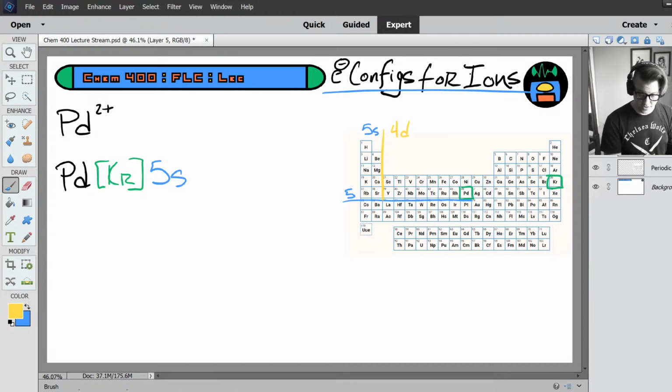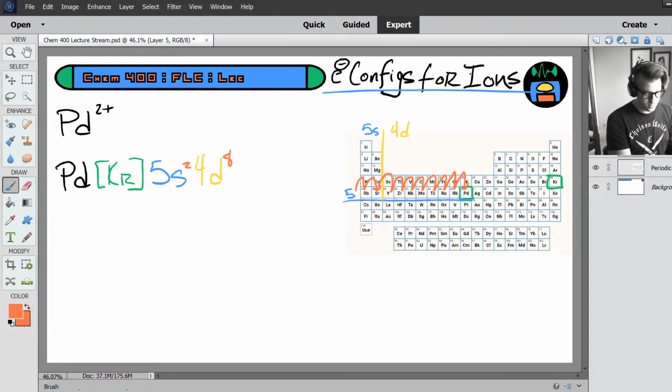So it goes from 5s to 4d. This will be 5s2, 4d, and let's see. So we go 5s 1, 2, 4d, 1, 2, 3, 4, 5, 6, 7, 8. 4d8. All right? That is for neutral palladium.